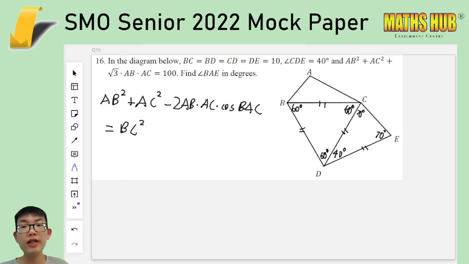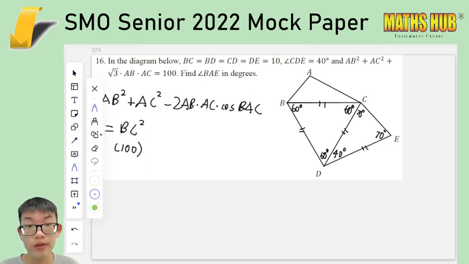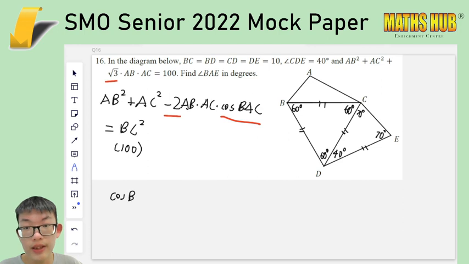Now AB squared plus AC squared matches perfectly. BC squared is actually 100, it's 10 squared, so that also matches. So really, this information gives us the value of angle BAC. Right? We can compare it to the problem and say that cosine BAC equals negative root 3 over 2.